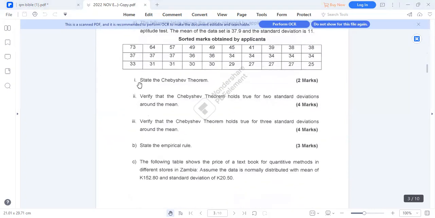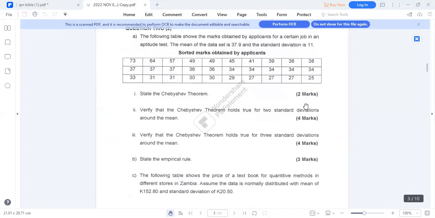The QM Bible, they ask you, state the Chebychev's rule, 2 marks. Verify Chebychev holds for 2 standard deviations, 4 marks. It's the same question we're doing. Verify that Chebychev holds for 3 standard deviations, 4 marks. Already I've gotten you 10 marks. This is purely because my people perish because of lack of knowledge.